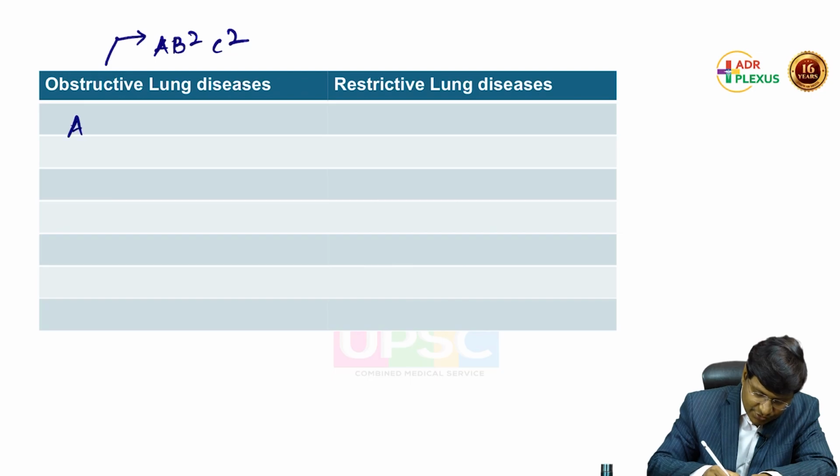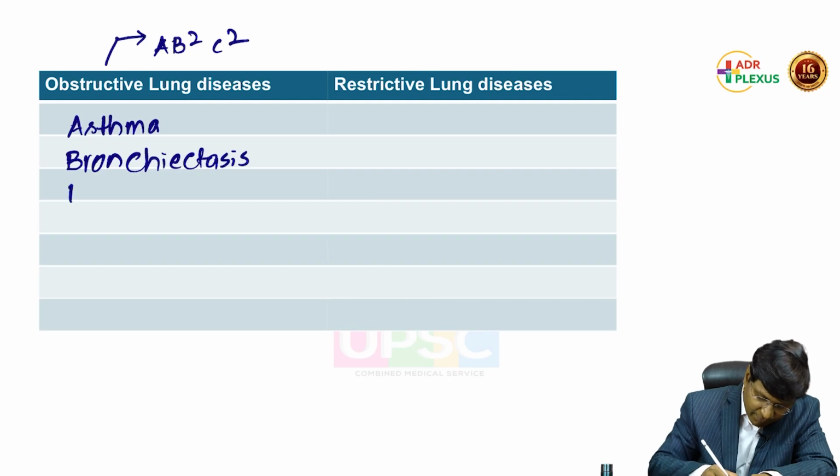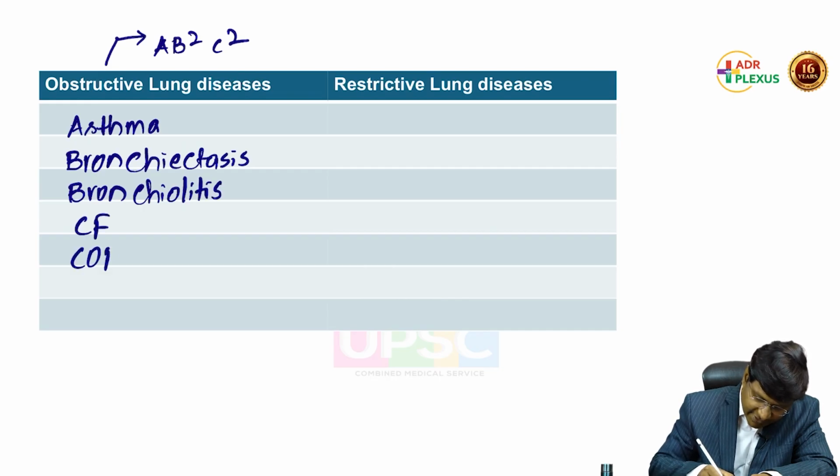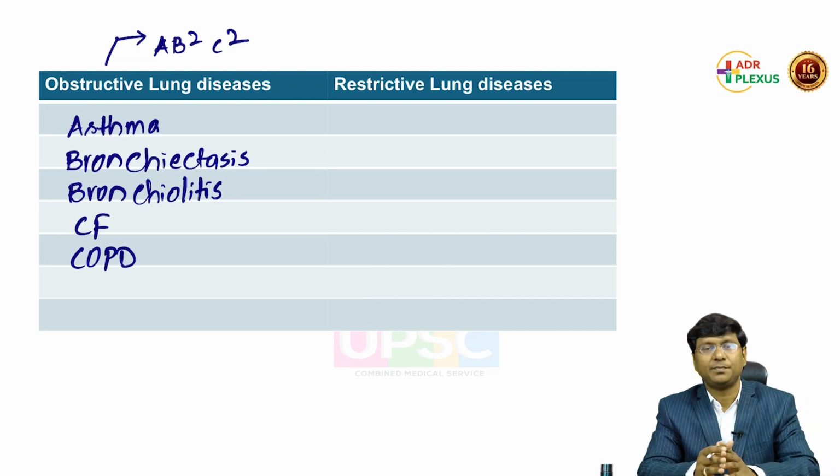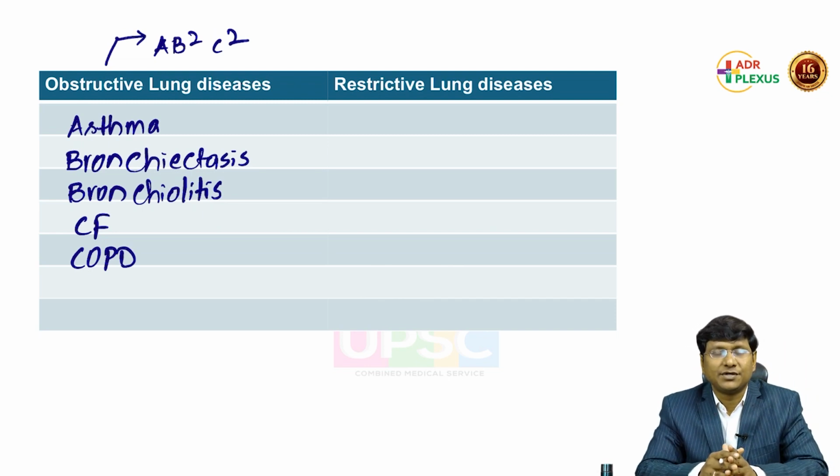So, A is asthma, then B is bronchiectasis, and the next important is bronchiolitis. This bronchiolitis is very common in children, and C stands for cystic fibrosis, and another C is COPD, chronic obstructive pulmonary disease. In COPD, we have two important subtypes, that is emphysema and chronic bronchitis. Both of them come under obstructive lung diseases, right?